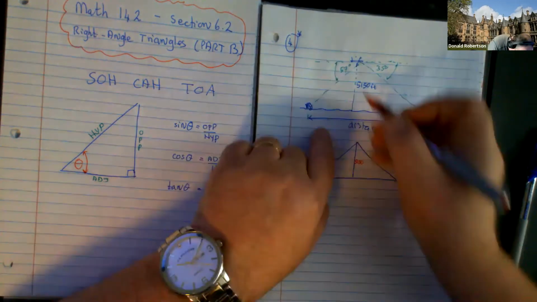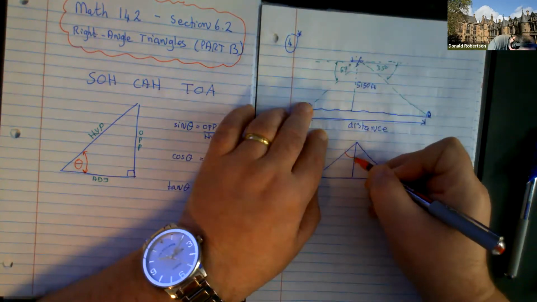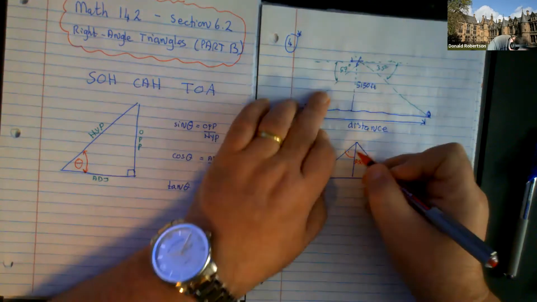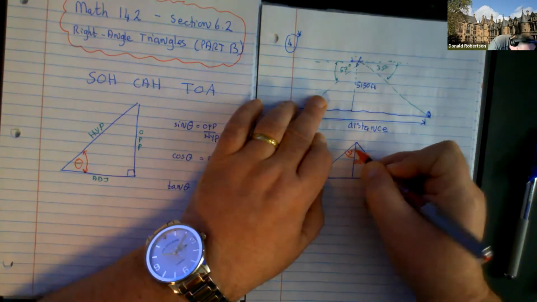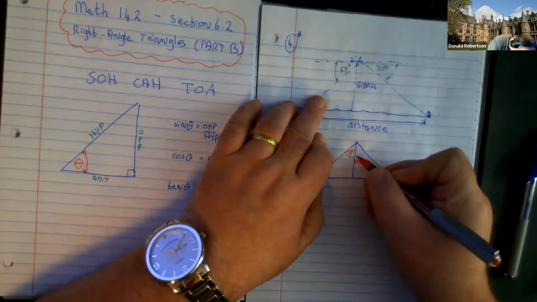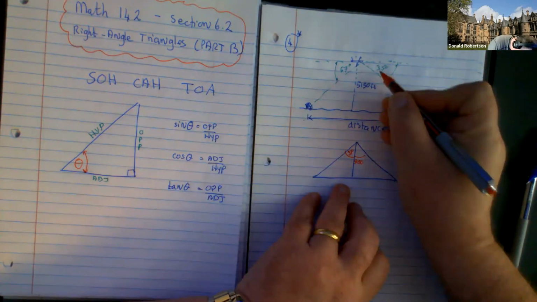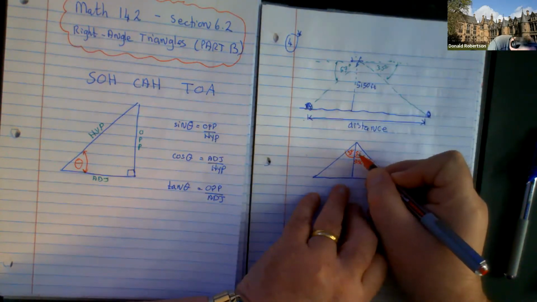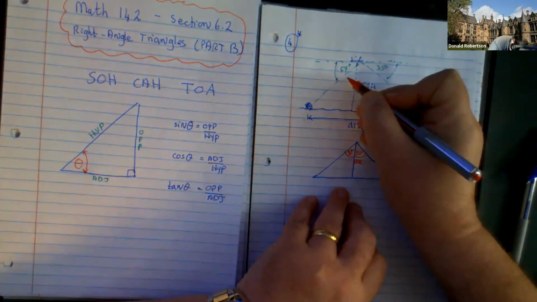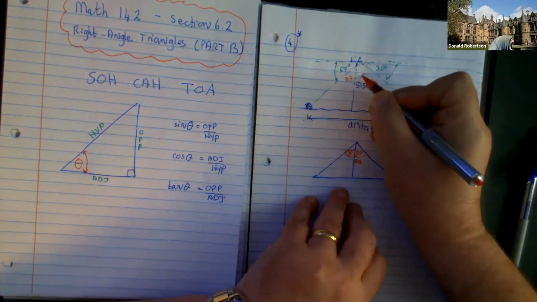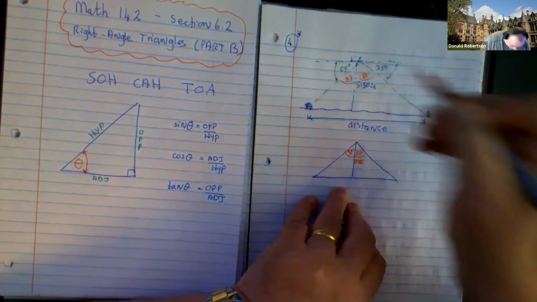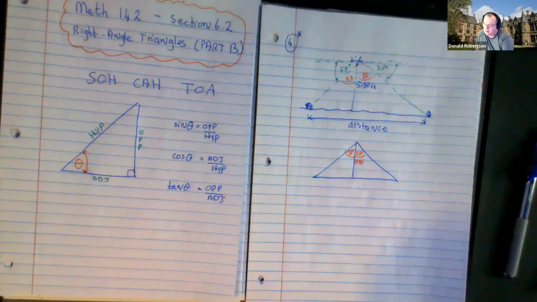This guy might be 57, but that guy there is 33. And this guy is 35, but that angle on this side is 55. Are you okay with this guy here being 33 and this guy here being 55? Are you comfortable about how I got those numbers?